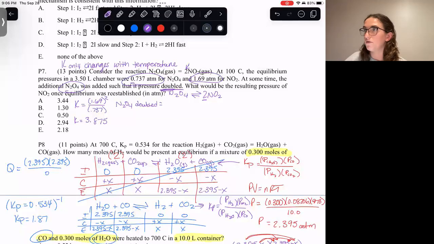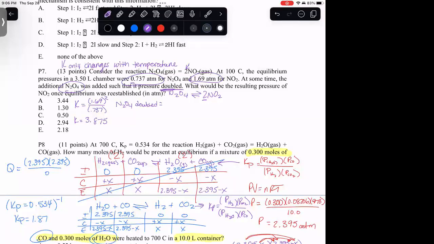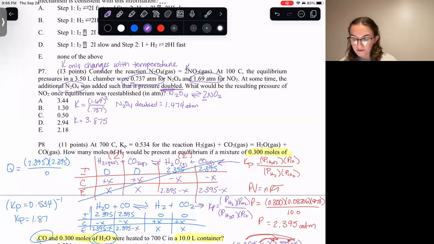How do we double N2O4? You get approximately 1.474 ATM. Awesome. Yep. We just took 0.737 times 2.